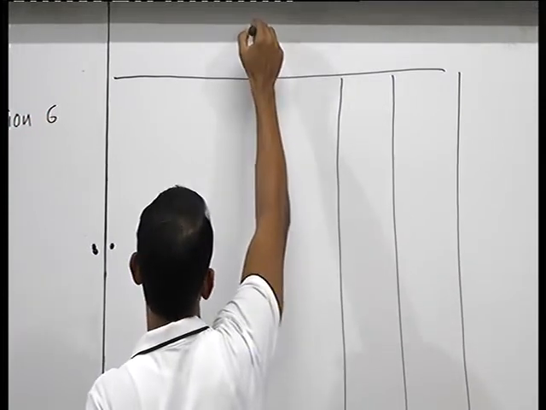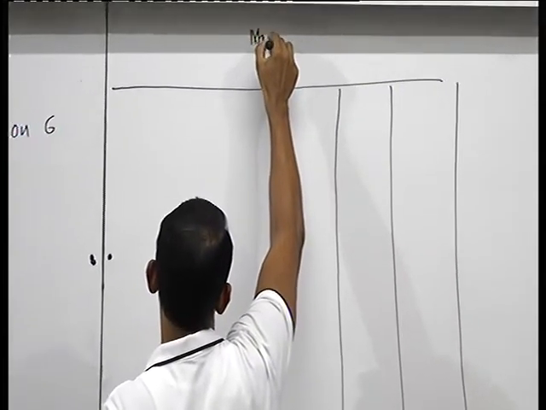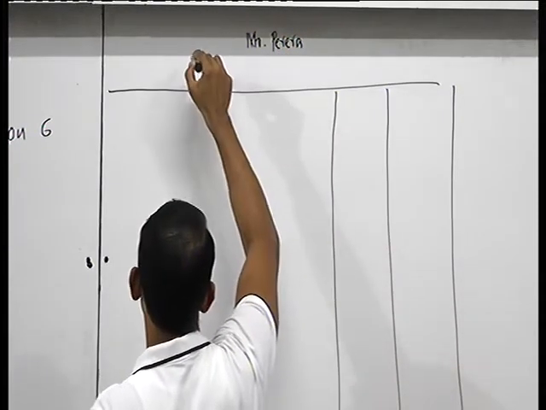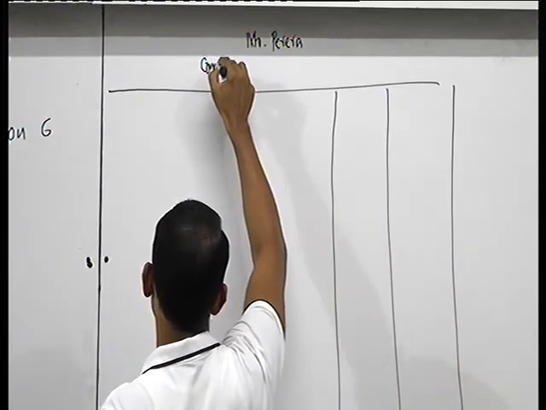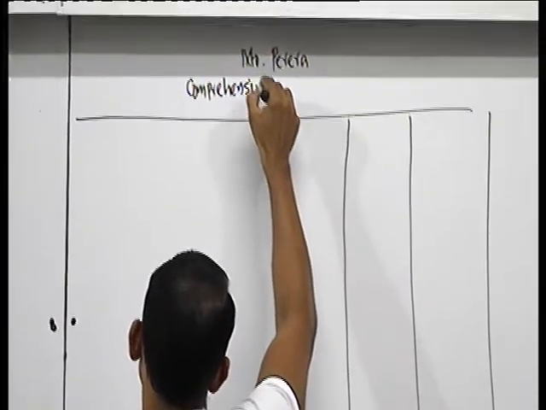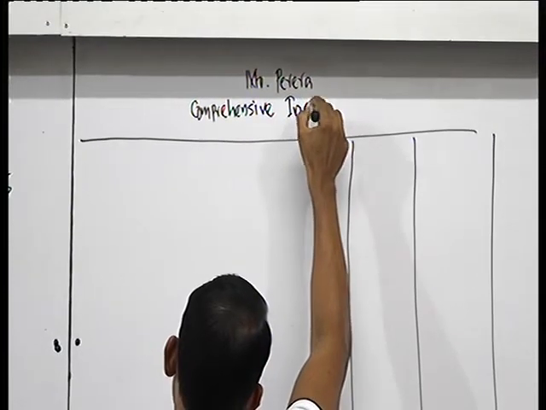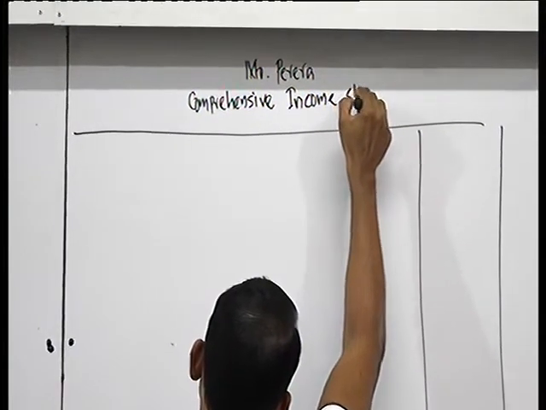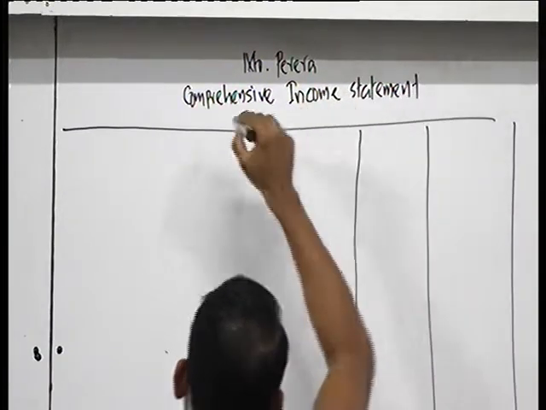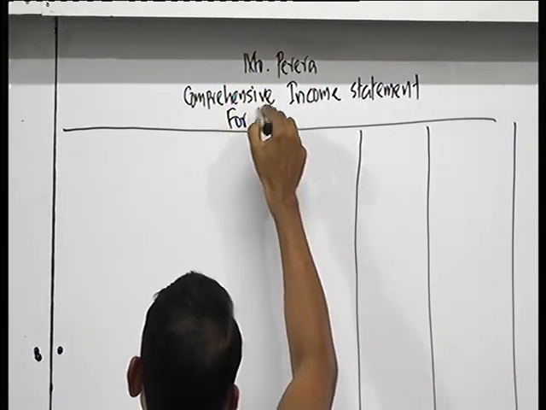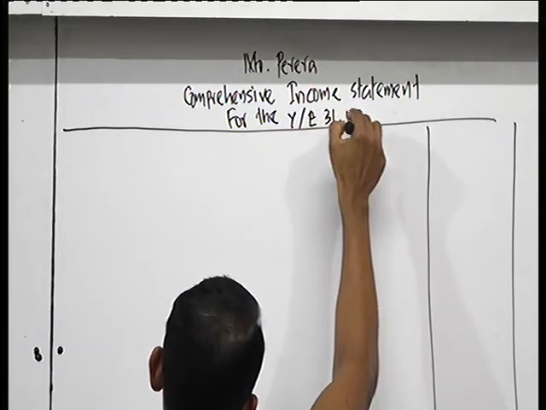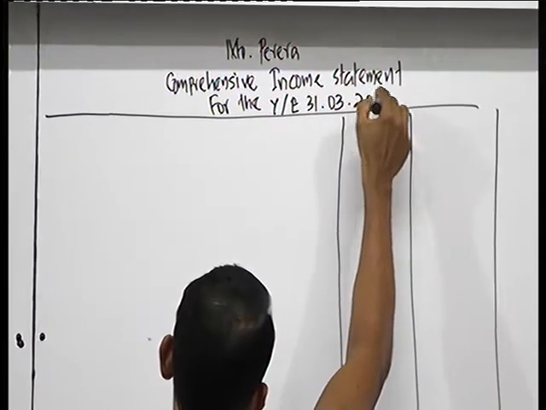You see, Mr. Pereira, comprehensive income statement for the year ended 31st March 2019.